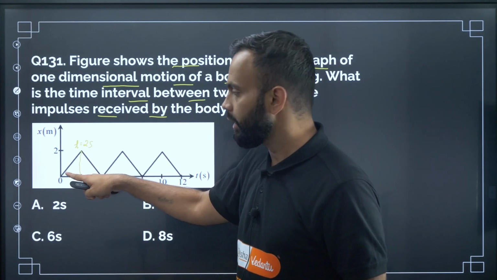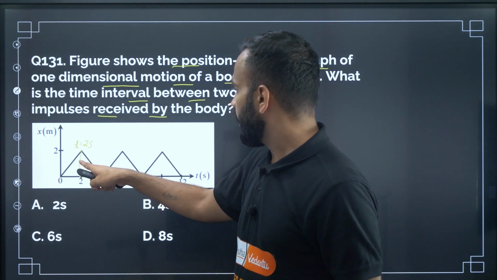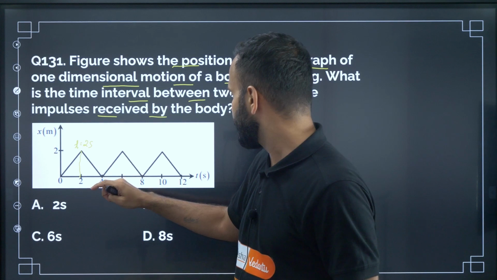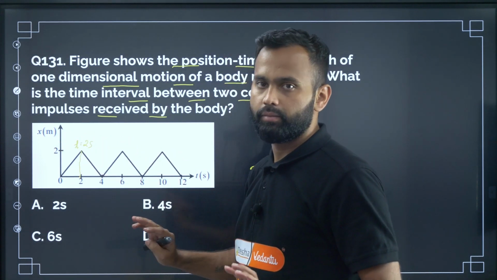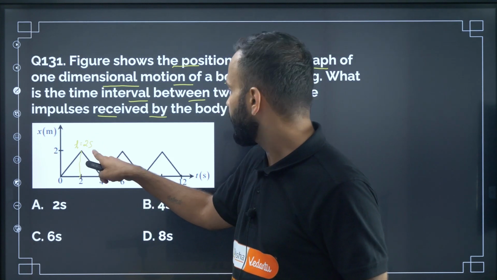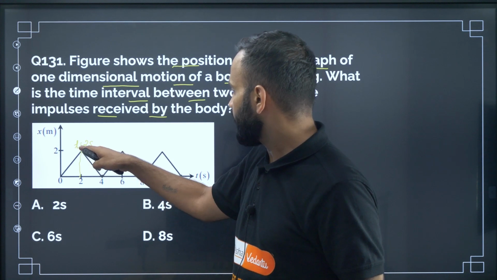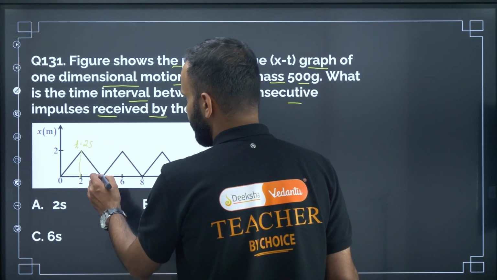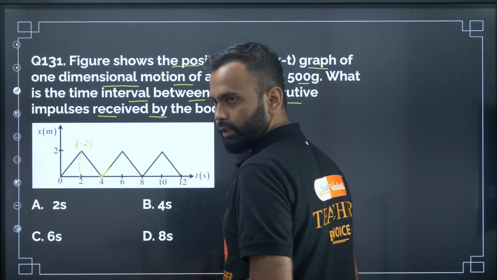Initially it is moving along positive x direction. At t equal to 2 seconds, it reverses its direction, that is negative direction, right? Again, at t equal to 4 second, its direction changes, right?